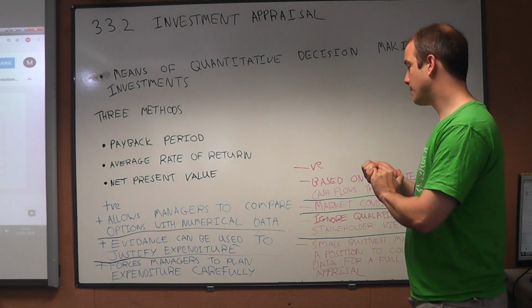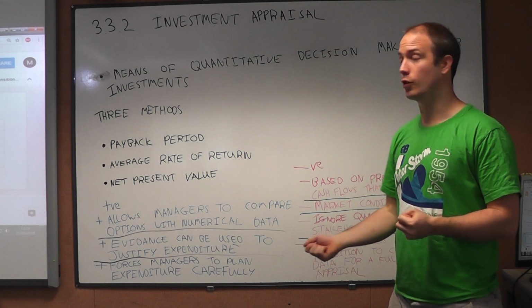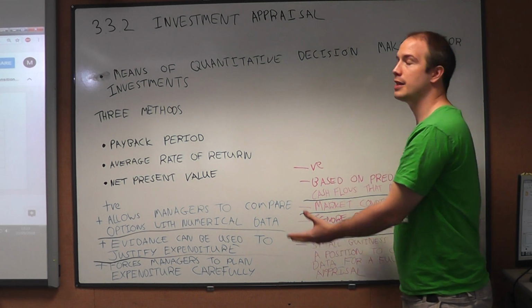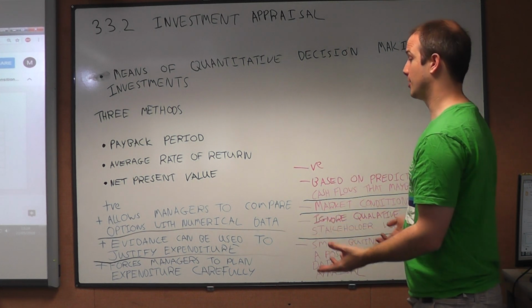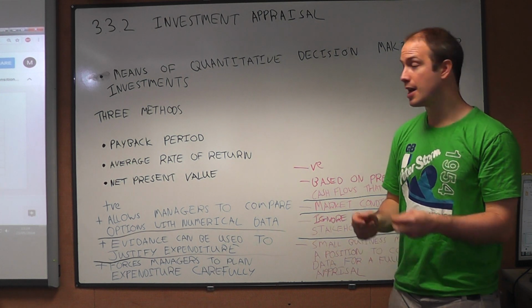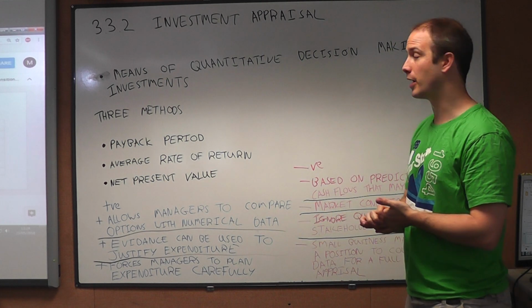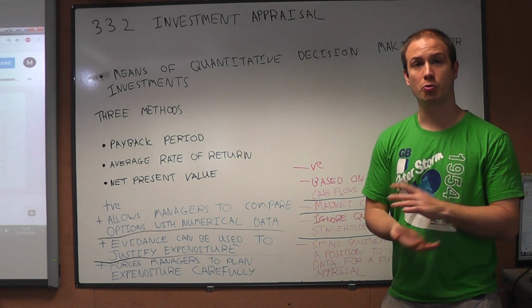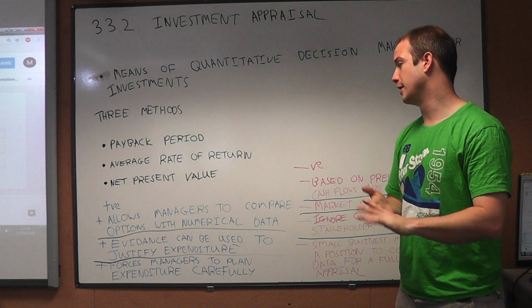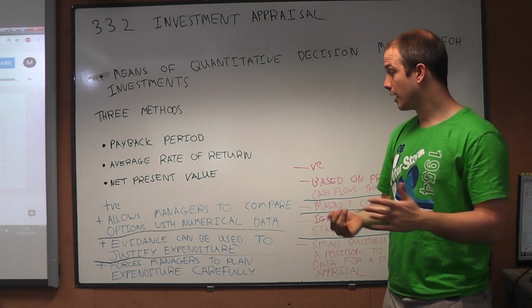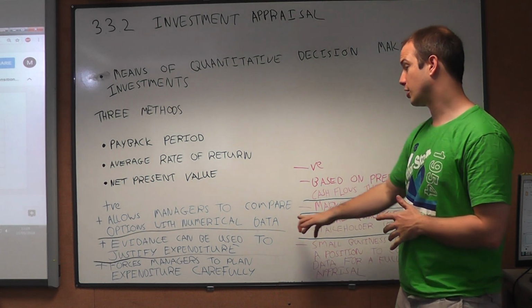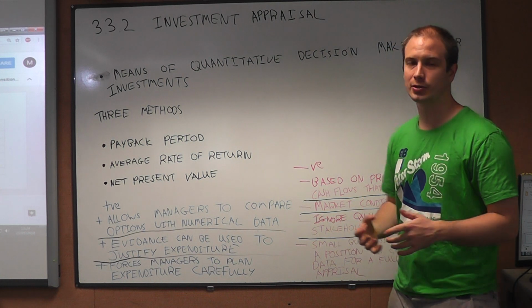There are some positive and negative points which can be applied to all the investment appraisal methods, so I'm going to take a moment to talk you through these. There are some pros and cons for the individual types of investment appraisal as well, but I shall talk about those in separate videos. First of all, investment appraisal allows managers to compare options with numerical data.